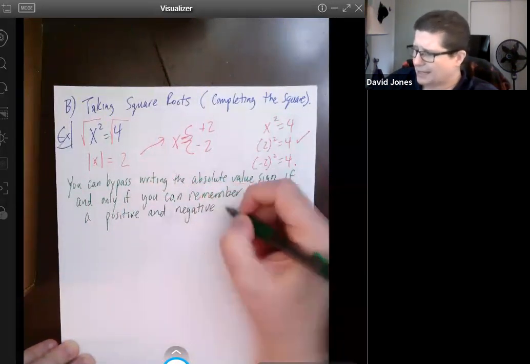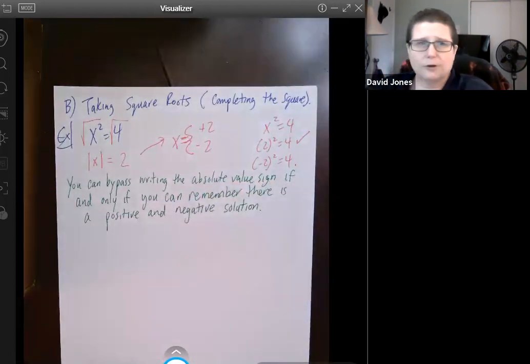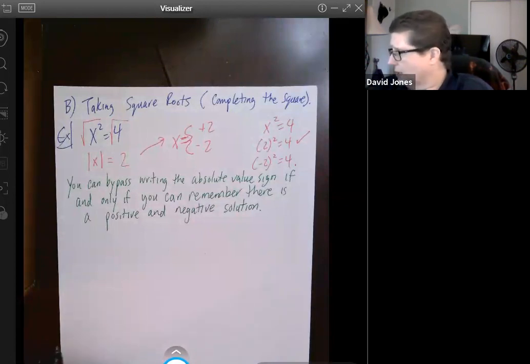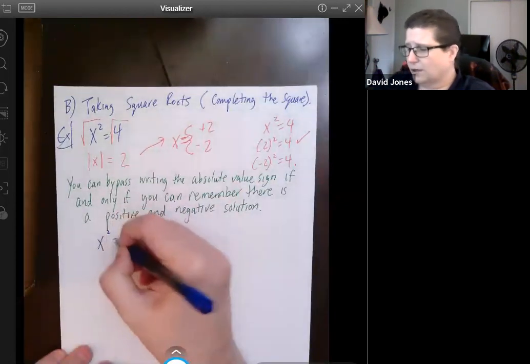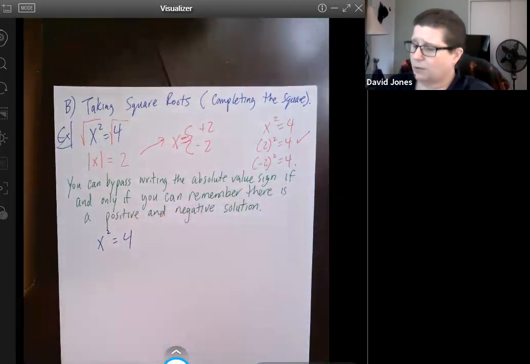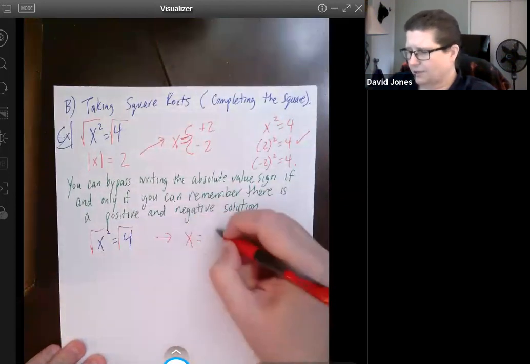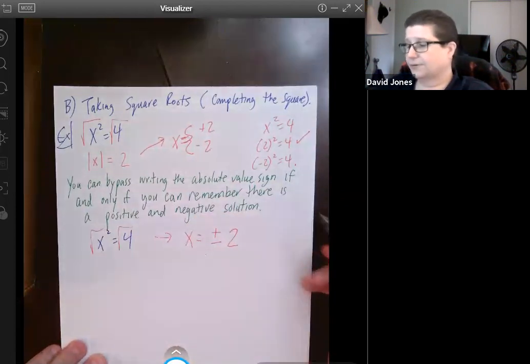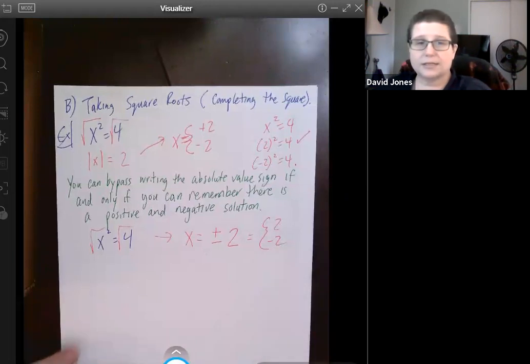Most people bypass it once they're comfortable with it. But what's really going on is the square root of x squared is the absolute value of x. So x squared equals 4, take the square root of both sides and get x equals plus or minus 2. That's the same thing as saying 2 or negative 2 as options.